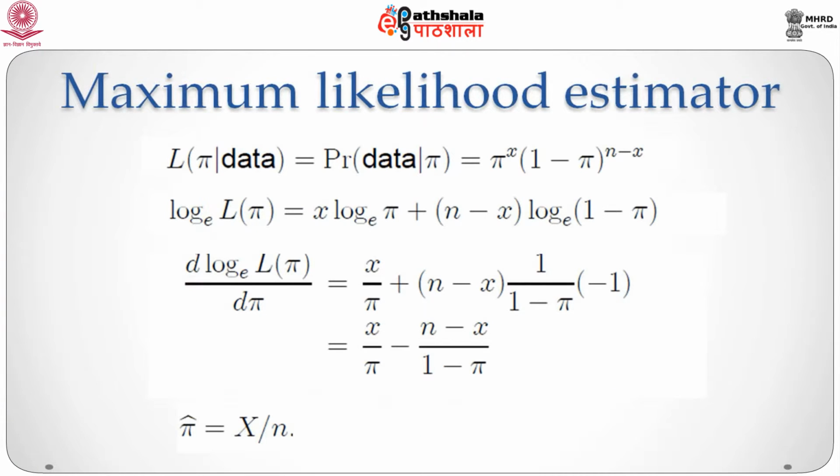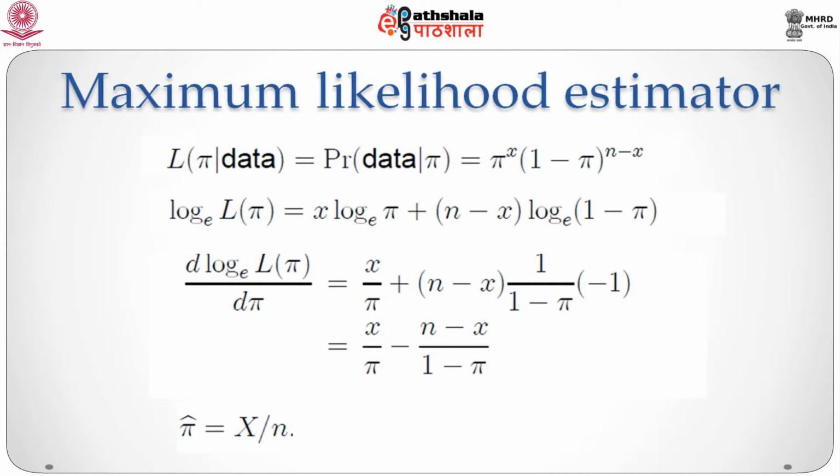More generally, the likelihood of the data is given by L of pi conditional on the data, equal to pi to the power x into 1 minus pi to the power n minus x, where we assume that we have observed x successes.